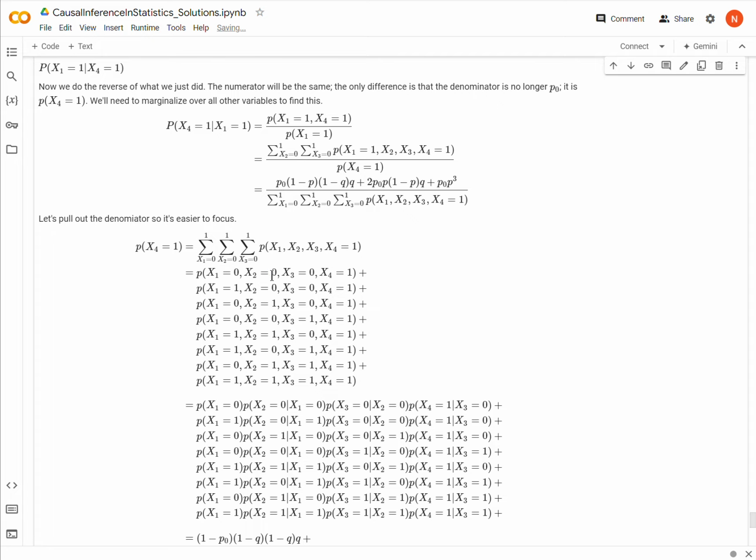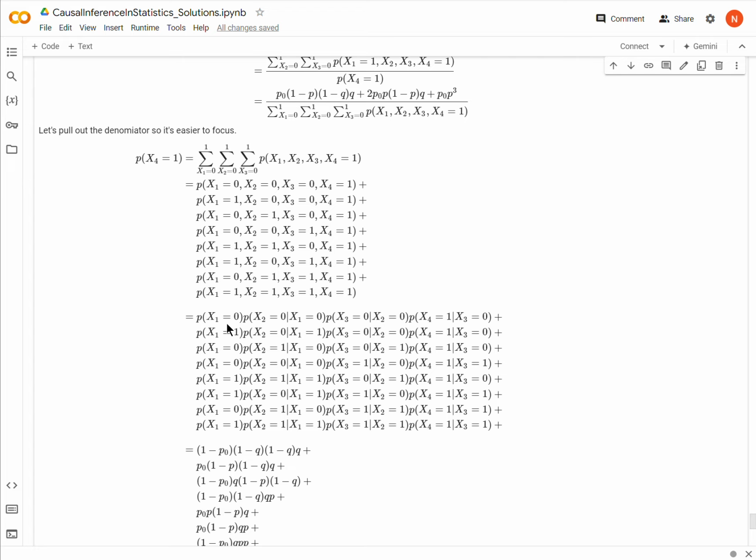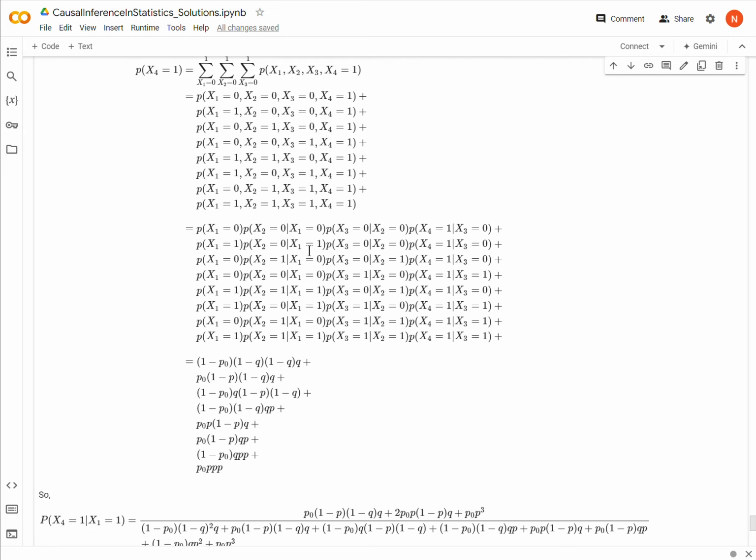And again, each of these implies a chain of conditional probabilities, right? So again, we can correspond each one of these to one of these. Okay, so you should do that for yourself or check my work, because like I said, there's a good chance that I've made a mistake somewhere in here just in trying to type everything.